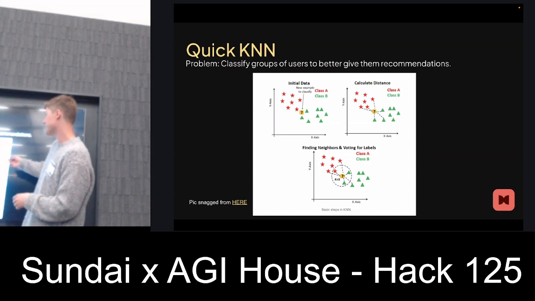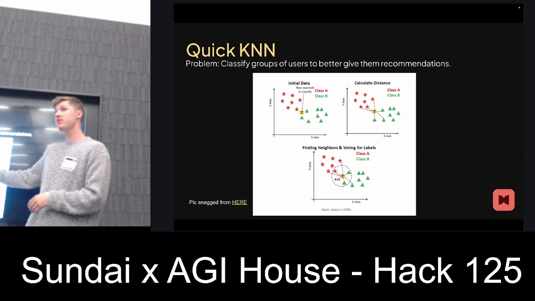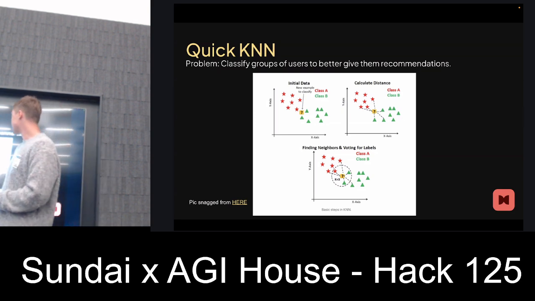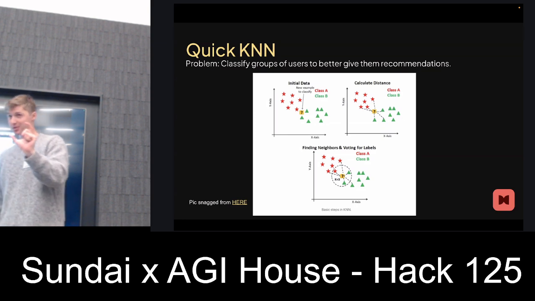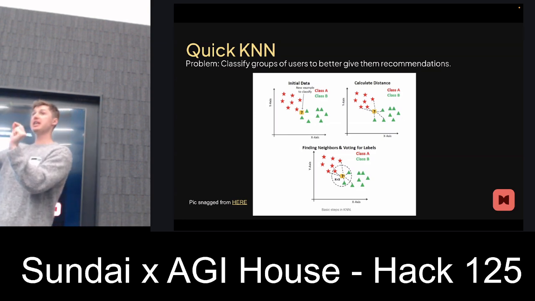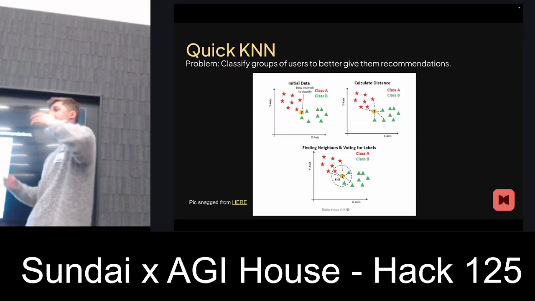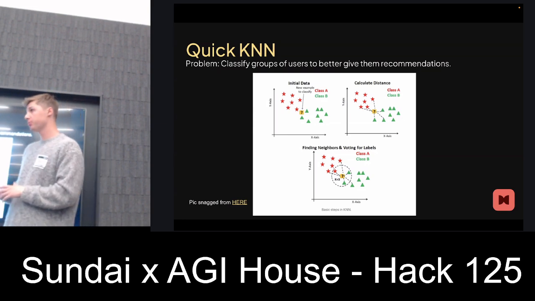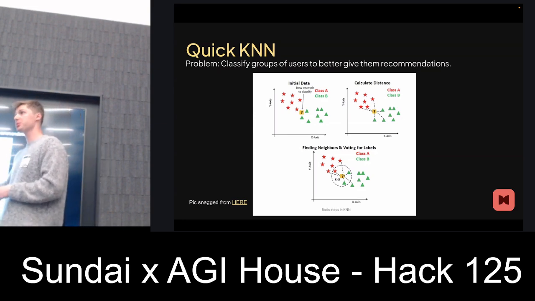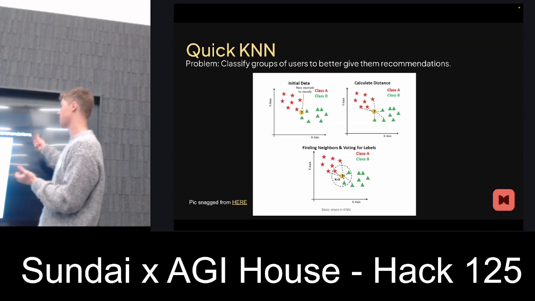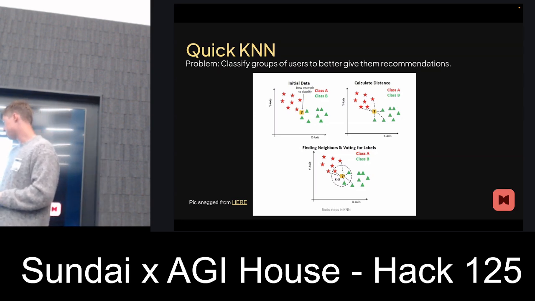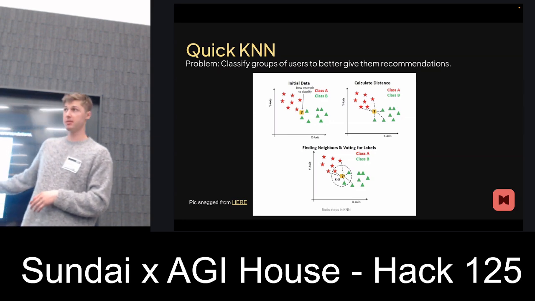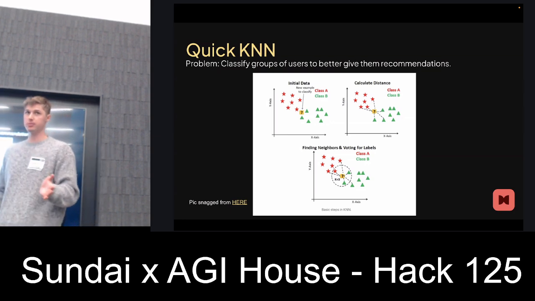You have to find a way to take the distance between all of the people in this space and take the k shortest distances, or the k nearest neighbors, and say, okay, what percentage of them belong to each group, and the largest group that's representative of their neighbors is the class that I'm going to put them in. So in this case, our question mark in k equals 3 would be assigned to group green triangle, right? Because it's closest to the green triangle.